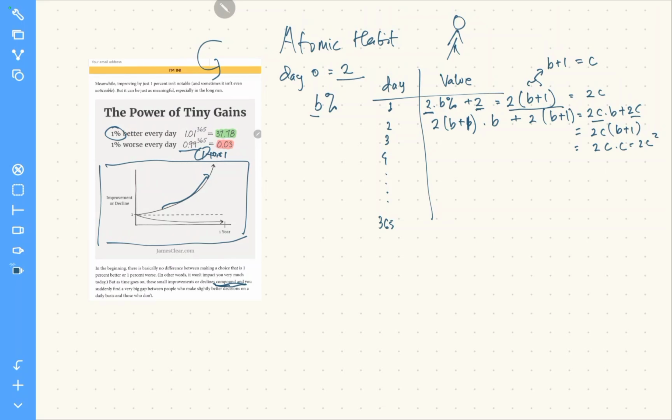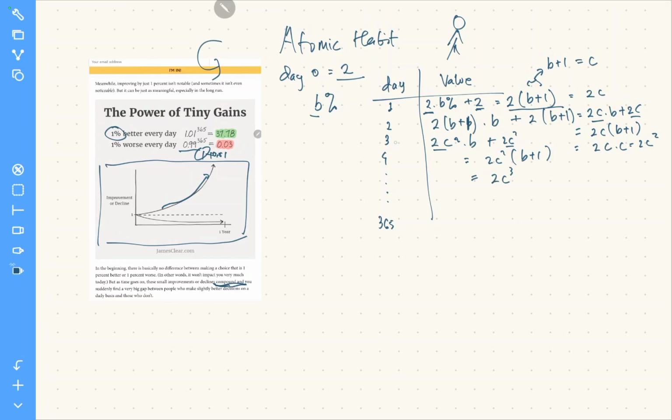And then on day 3, if you want to keep trying, let's do c squared times B plus 2c squared, like that, and then take out the 2c squared, (B plus 1) here, and then 2c to the power of 3.